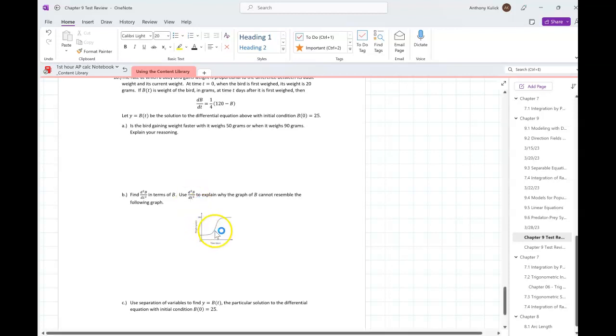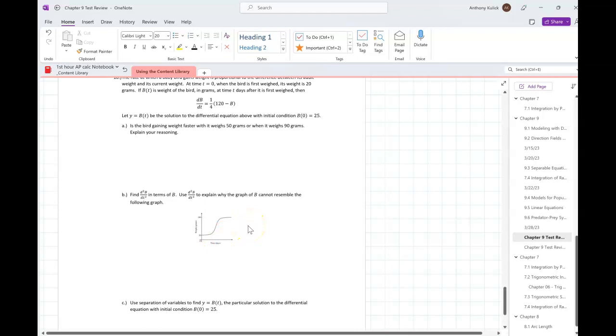So if I look at this graph here, I notice that we have a concave up section right here, and a concave down section right there. So I'm suspecting when I take the second derivative that I'd find that it's always either positive or negative, which would mean that this could be impossible since it has to have both.